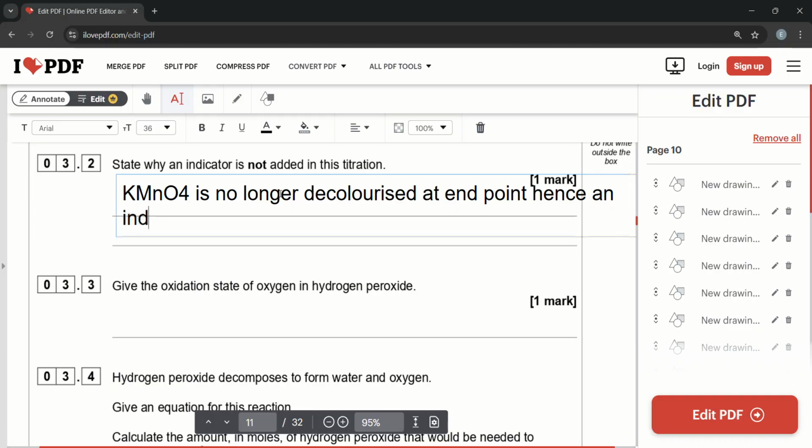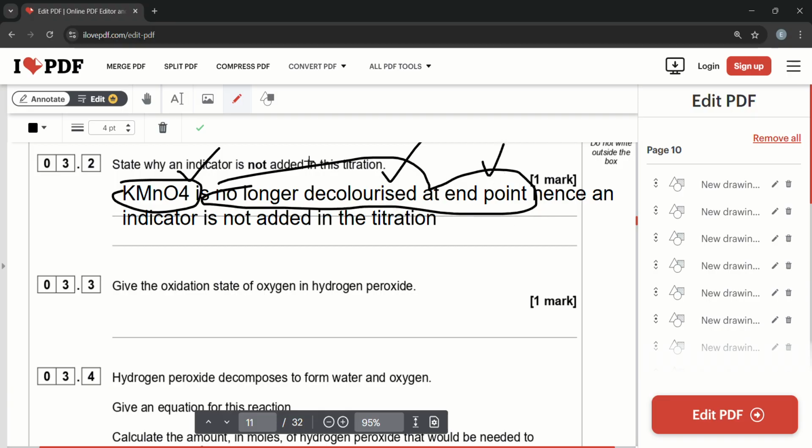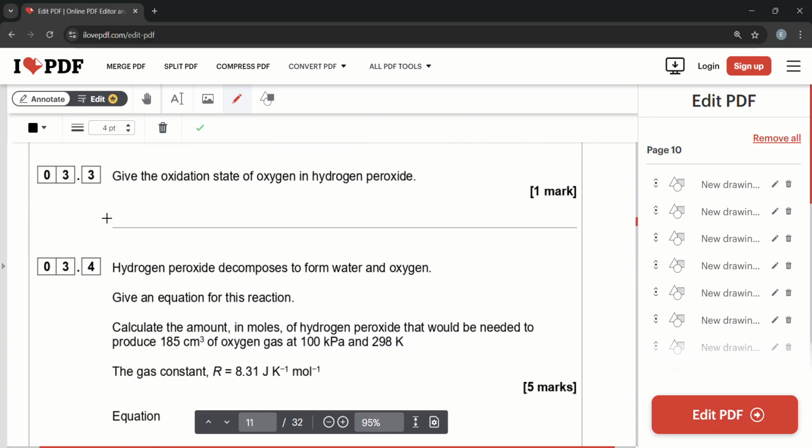An indicator is not added in the titration because KMnO4 is no longer decolorized at the endpoint, hence no need for an indicator.